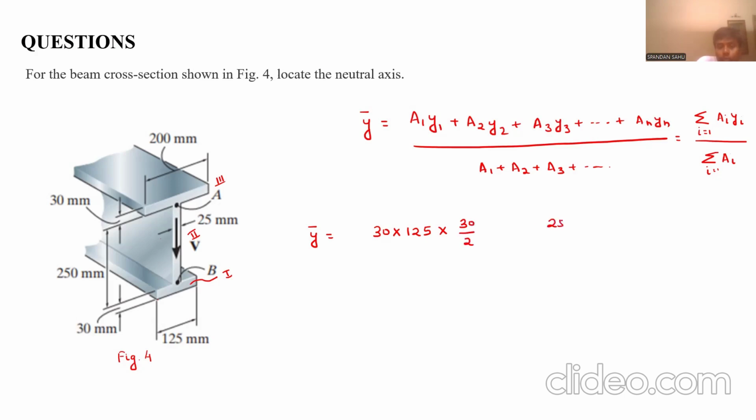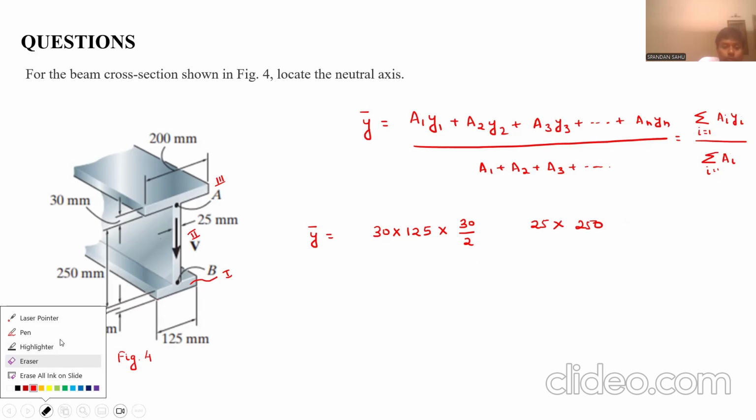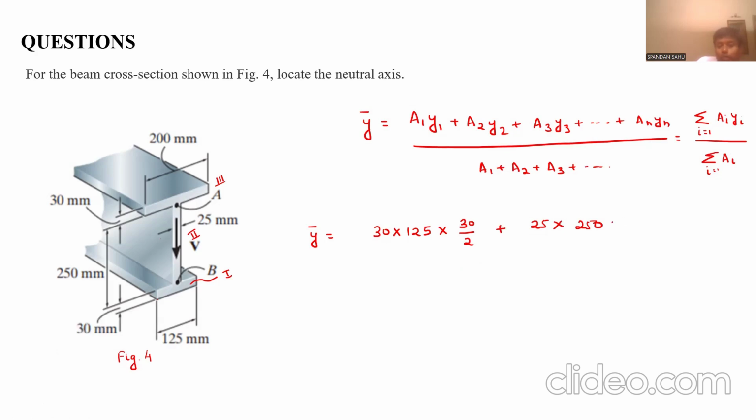It will be 250 into 25 into, just tell me what will be Y2, that is the centroid of the web with respect to the reference axis. It will be 30 plus 250 by 2.